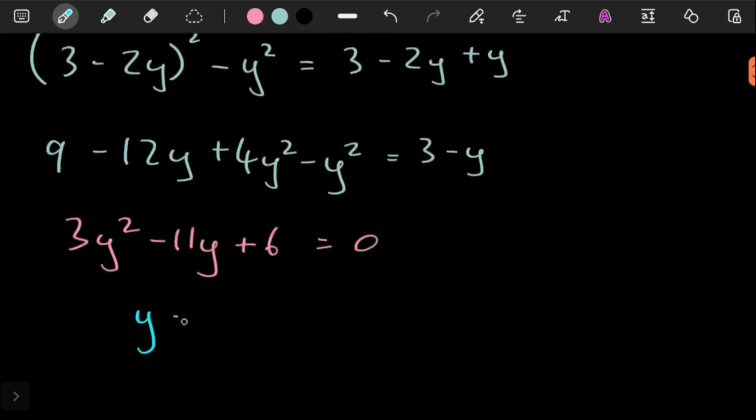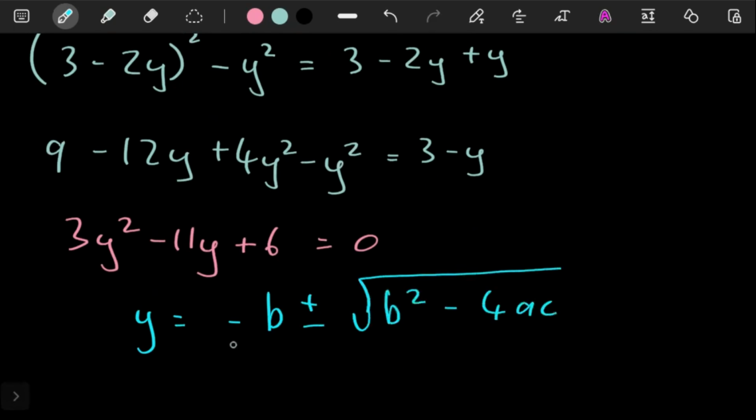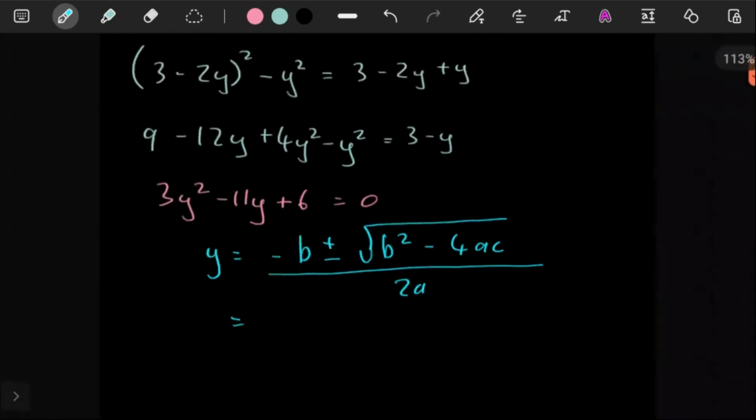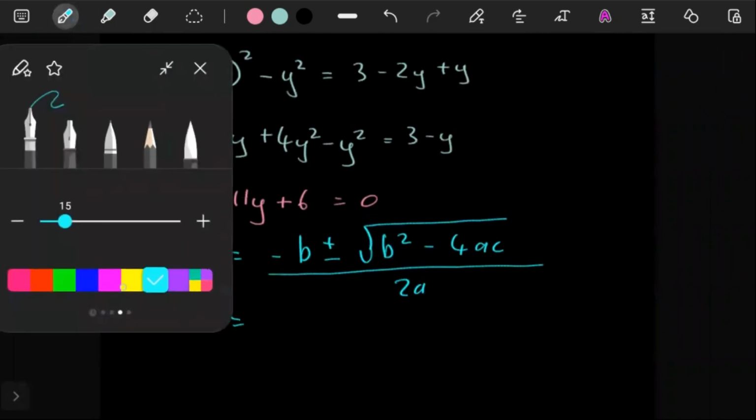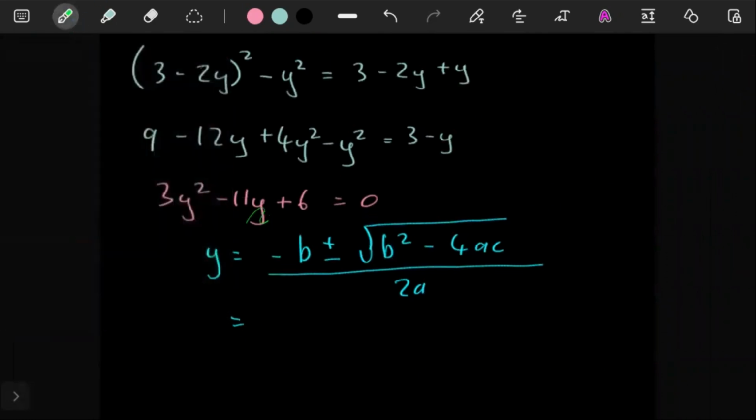So here, we may want to use our quadratic formula. y is equal to -b plus or minus the square root of b squared minus 4ac, the whole thing over 2a. Let's see what the b value is. The b value is -11.